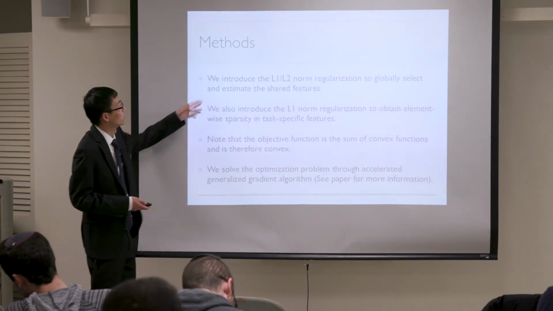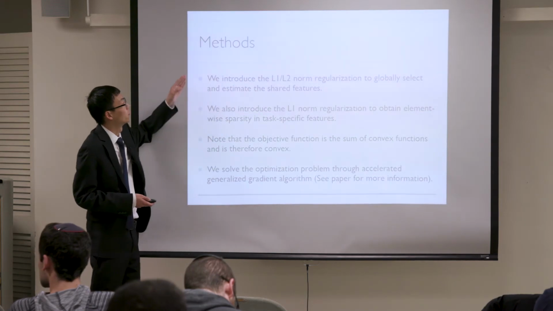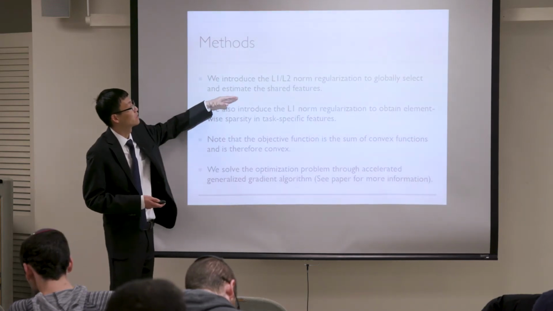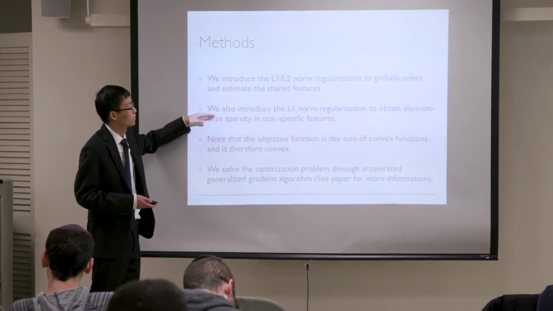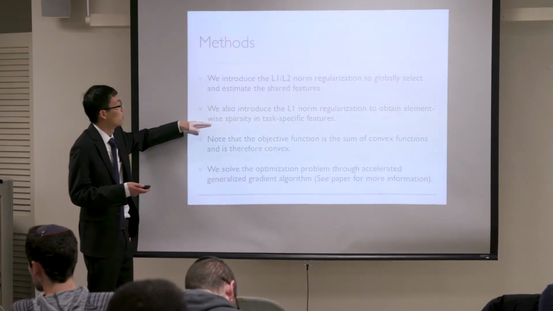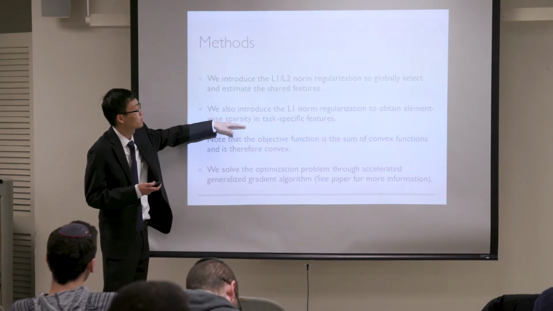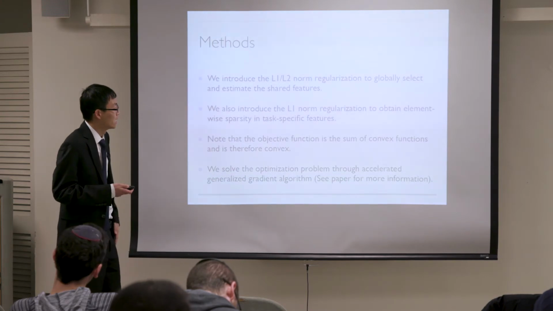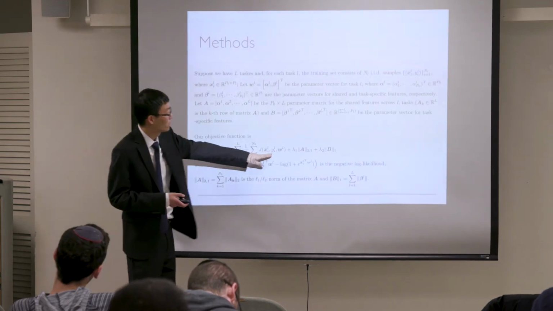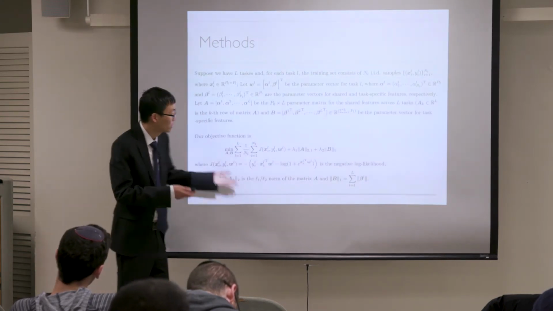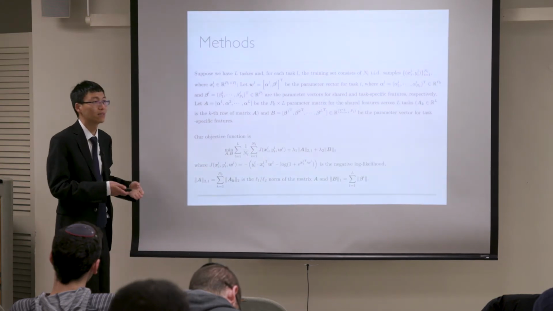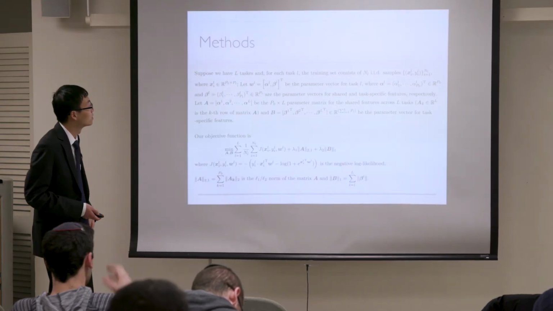To summarize, we introduced the L1, L2 norm to globally select and estimate the shared features, and we use the L1 norm to obtain element-wise sparsity in the task-specific features. As you can see, this one is convex, and convex, and convex. So putting that together, this is convex, and it will give us the global optimal value.